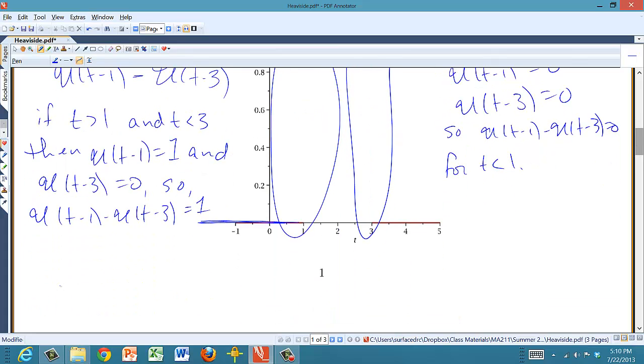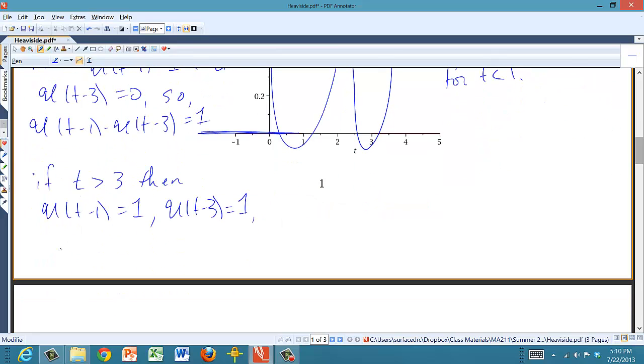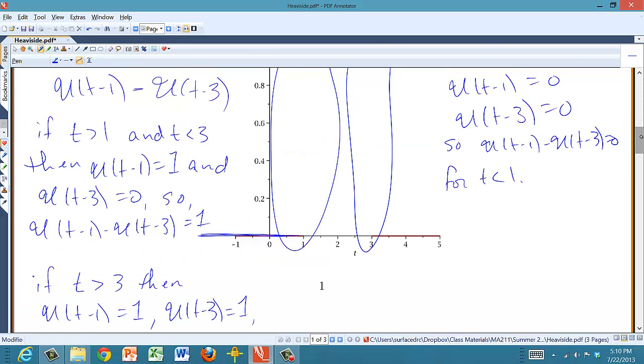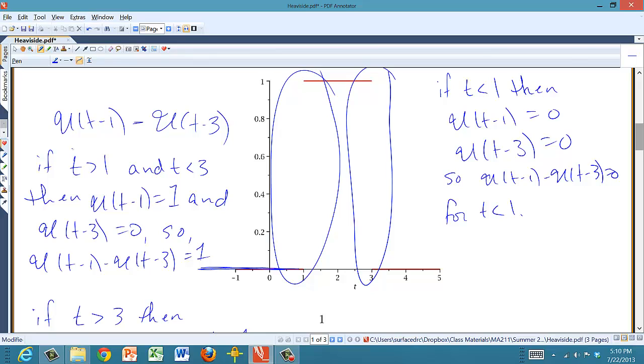And for times bigger than 3, u of t minus 1 is 1 and u of t minus 3 is 1. So u of t minus 1 minus u of t minus 3 is going to be back to 0. So we just saw that the function u evaluated at t minus 1 minus u evaluated at t minus 3 really does have a graph that's that thing.